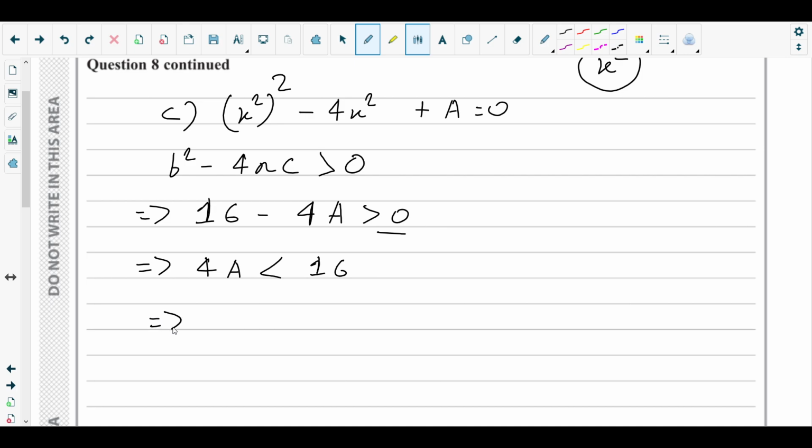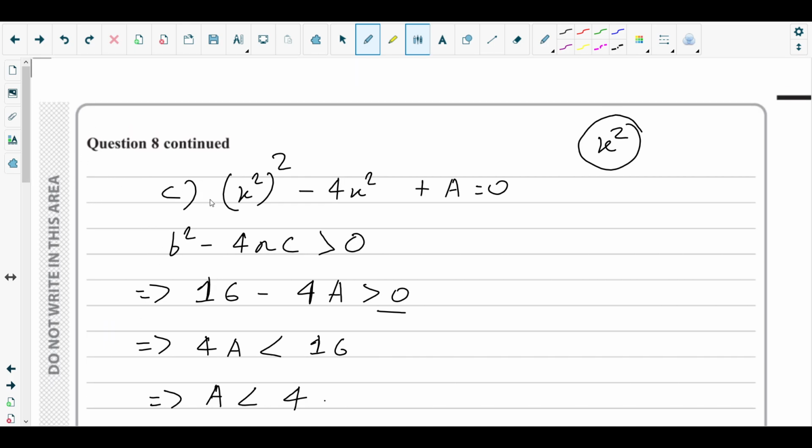So the range of possible values for a is a less than 4. If a is less than 4, then there will be 4 points of intersection between the two curves, C1 and C2.